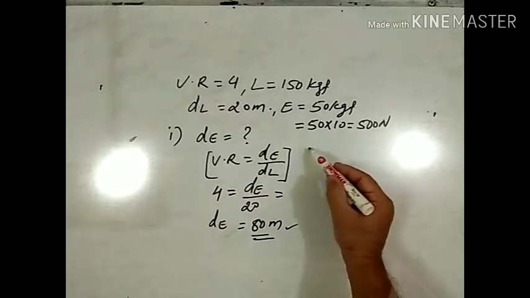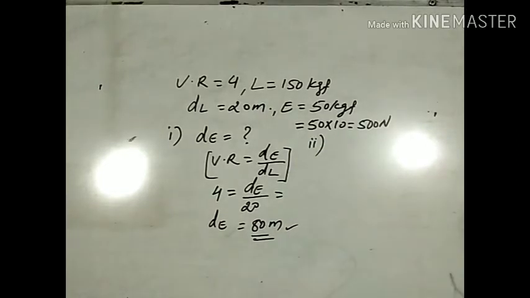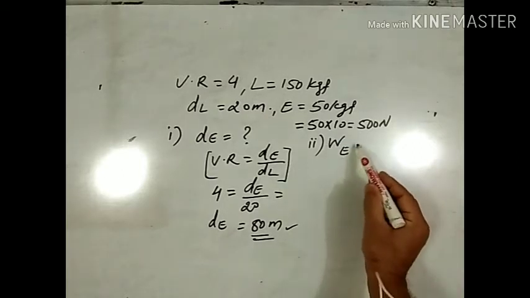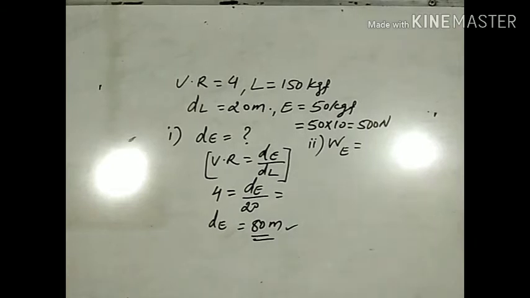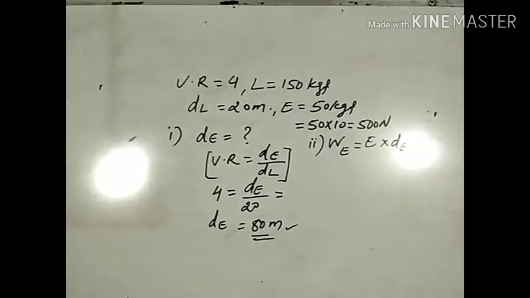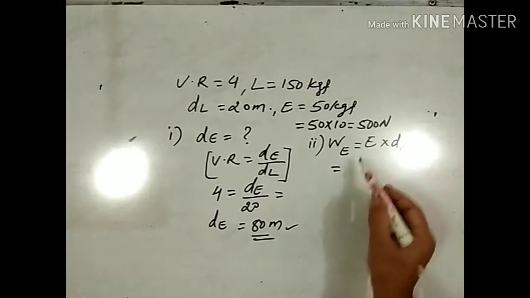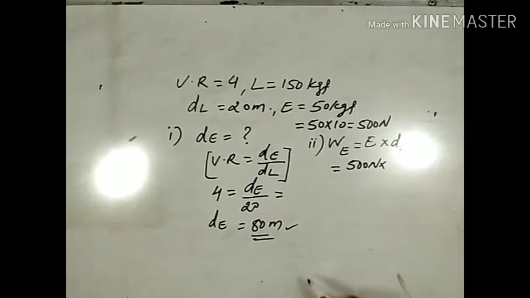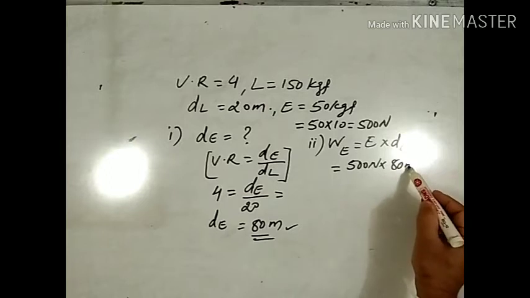Coming to the second part, the work done by the effort. What is the work done by the effort? Work done by the effort, WE, is equal to force into displacement, that is, effort into displacement of effort. Therefore, effort is equal to 500 Newton into displacement of effort, 80 meter.